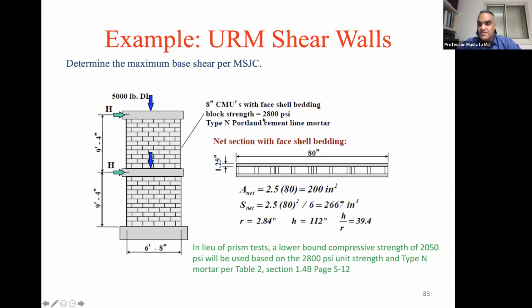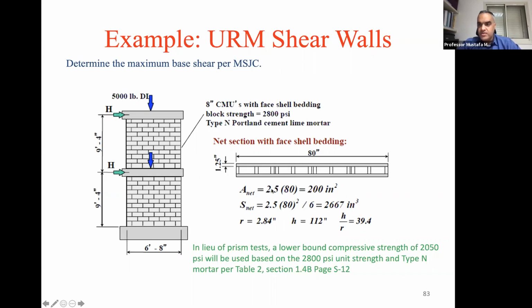The strength of the block is 2,800 psi, based on the net area of the block, and it's type N mortar. So this is the wall. It's 80 inches. It's face shell bedding, so we can calculate the net area. The shell is 1.25. Type 2.